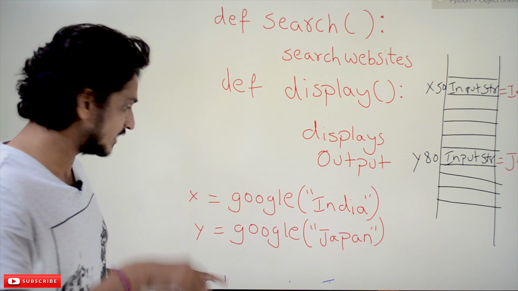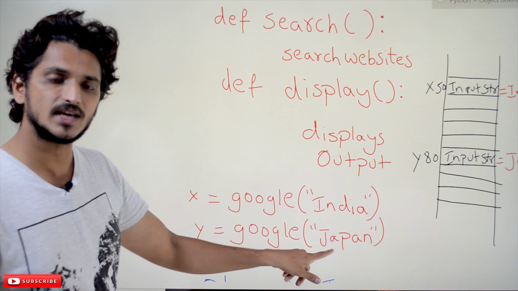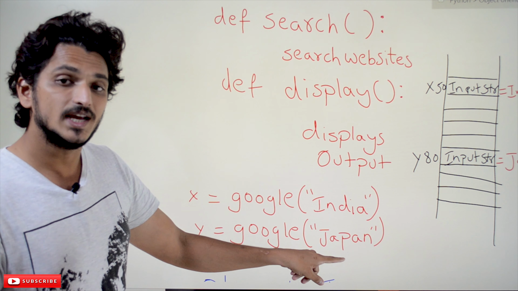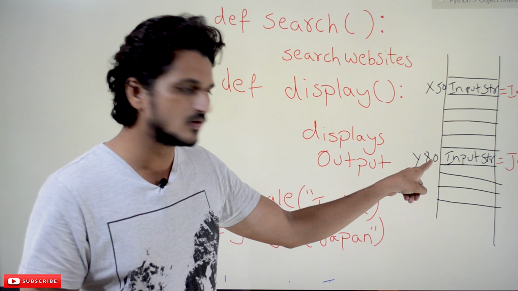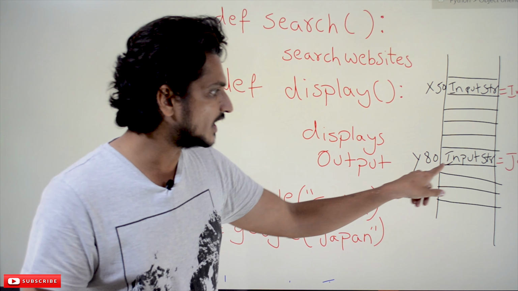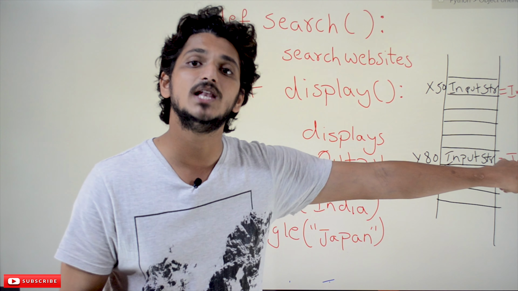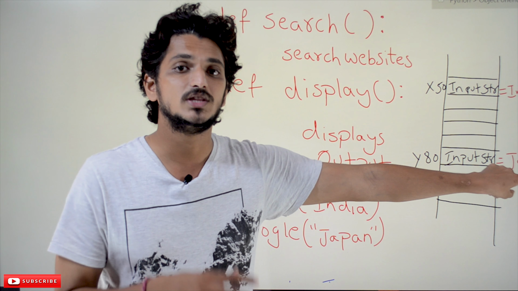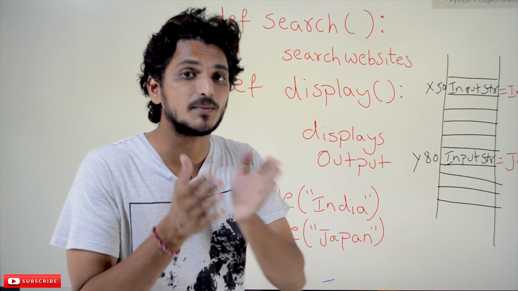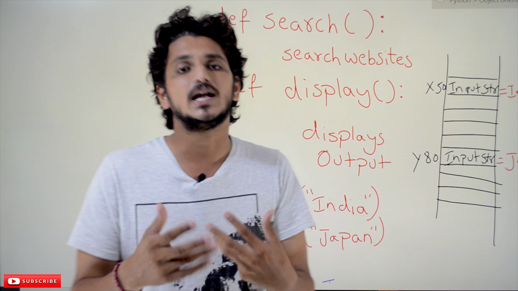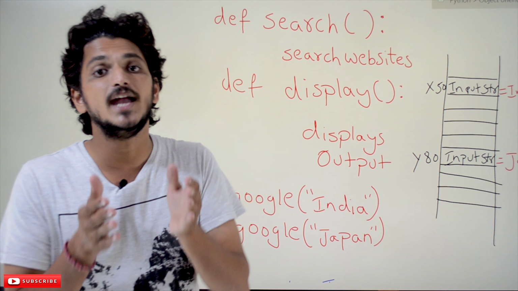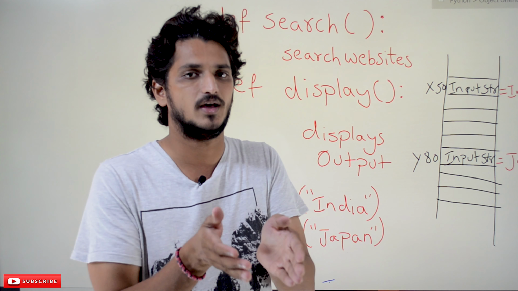When we define object y, sending a value Japan, it creates a separate memory location. y is given memory location 80, and there input str is given the value Japan. So a separate space is allocated whenever we define an object. That's why we defined an object as an entity in the real world.